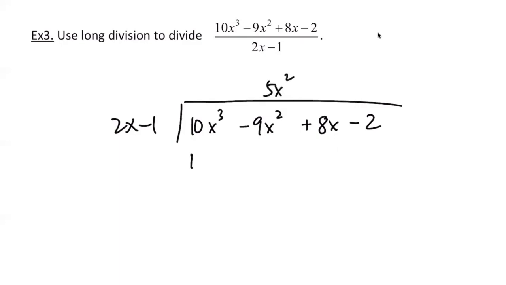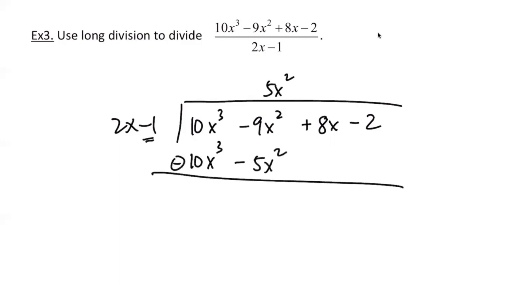Okay, so 10x cubed, right? And then subtraction, and then you have the -1 times that. So right there, 10x cubed all gone.